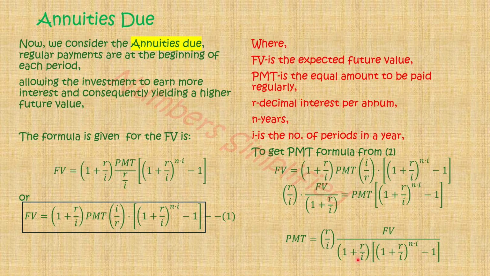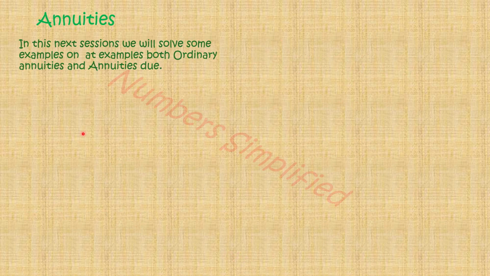So if we can take note of that, it will make our lives easier, especially when we are solving questions that are related to annuities. It's something that we must have so that we are able to differentiate between the annuities due and the ordinary annuities. So in this session, this is all that we'll be talking about.